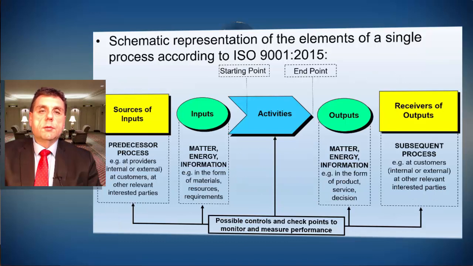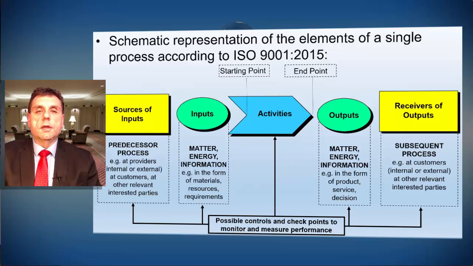This is a schematic representation of the elements of a single process according to ISO 9001:2015. We could see that there are sources of inputs, like a predecessor process, for example providers, internal or external. Then we have inputs like matter, energy, information.